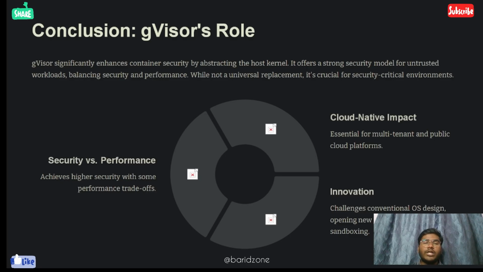It is widely used in cloud platforms where strong isolation is required. Although it introduces some performance overhead, its security benefits make it a valuable solution for modern cloud environments. So gVisor is an important technology for building secure cloud native systems.